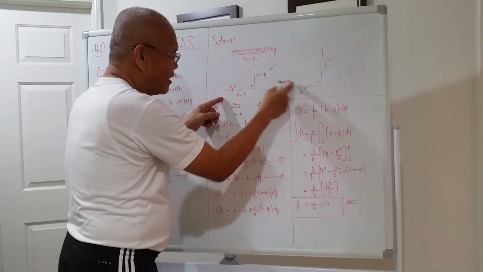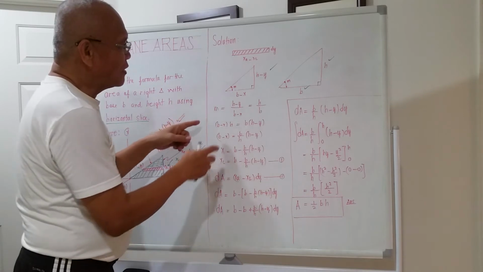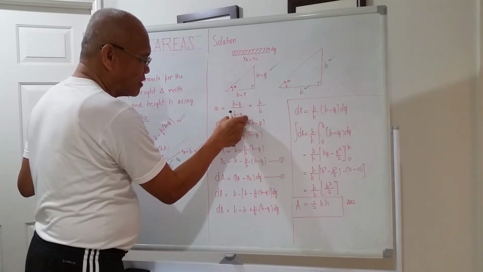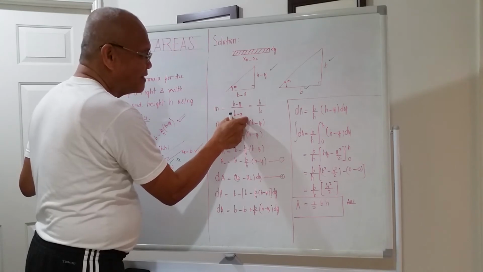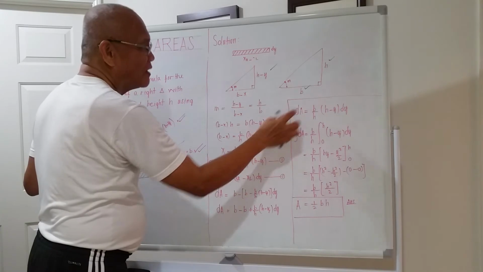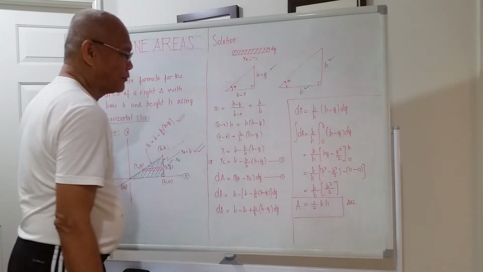So if this is m, this should also be m. Using the smaller right triangle, m is actually the ratio h minus y over b minus x. Tangent of theta, opposite over adjacent. And using the bigger right triangle, it is opposite over adjacent, it is h over b.